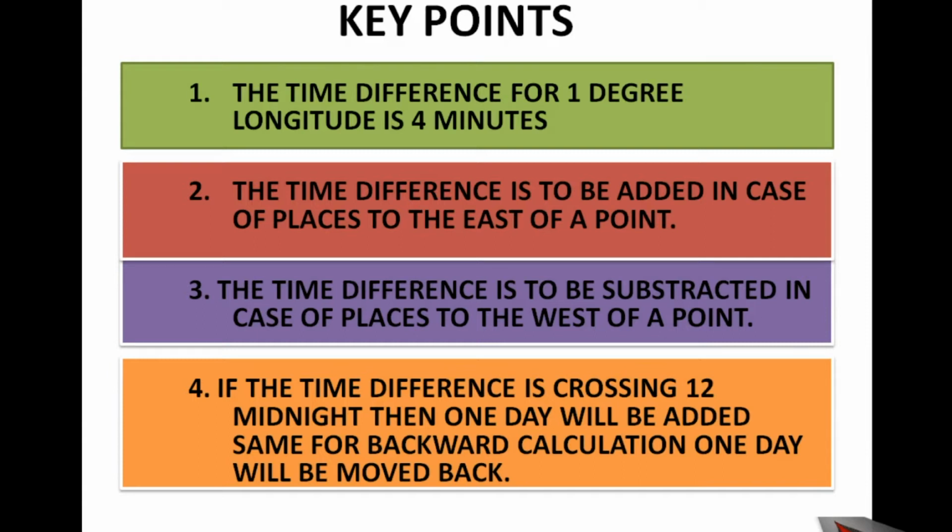After I finish the video, please pause whenever required and write down these key points to solve these mathematical problems. So let me start with the first one again. The time difference for 1 degree longitude is 4 minutes.